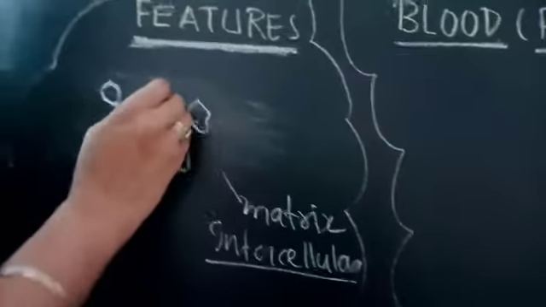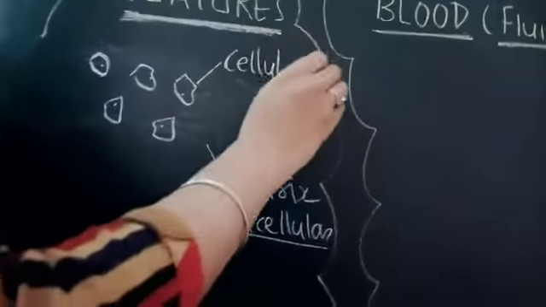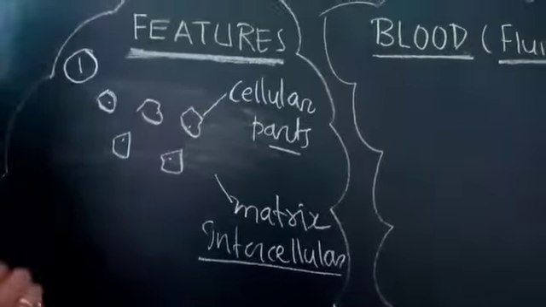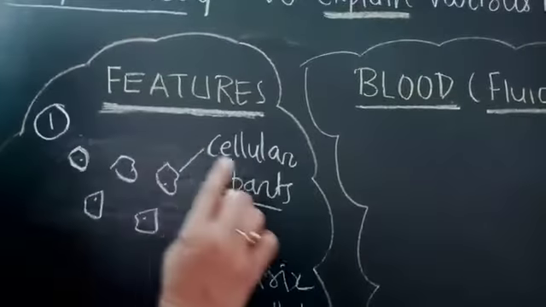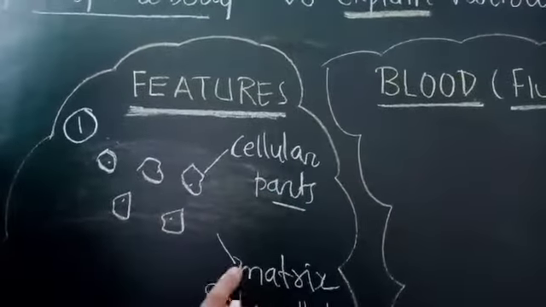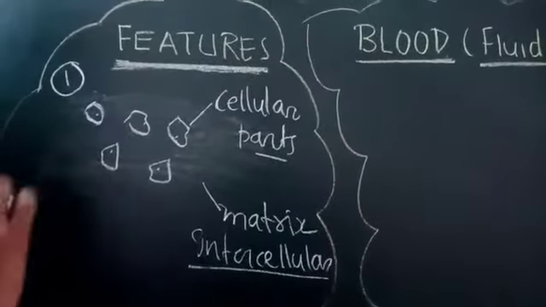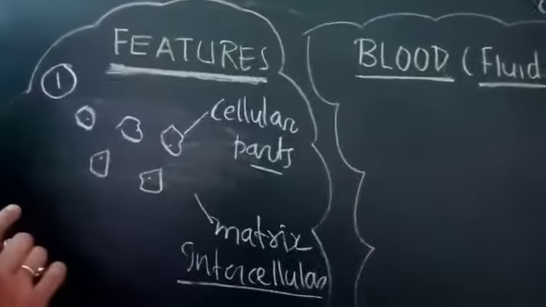So these are the different cellular parts. So the main feature is the connective tissue consists of a ground substance called the matrix. It is also called the intercellular matrix, in which the different cellular parts are suspended.